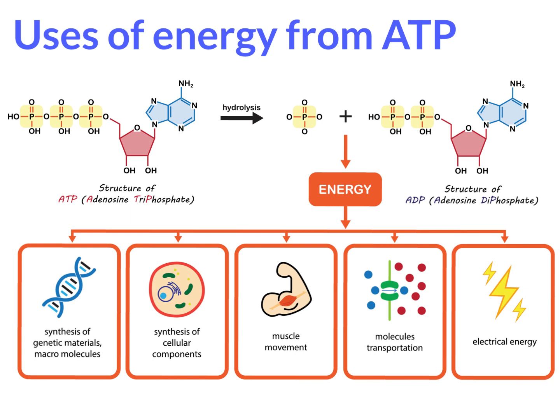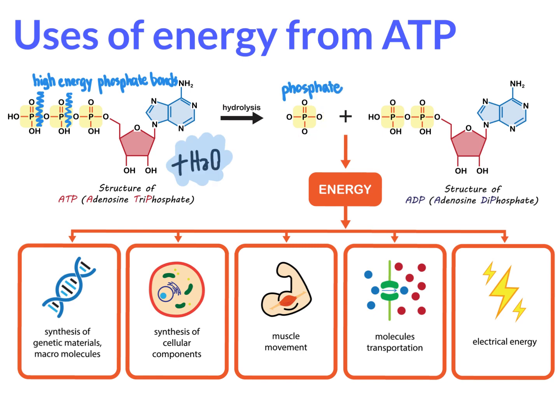We mentioned that the breakage of one or more of these high-energy phosphate bonds here in ATP through hydrolysis, that is a reaction where we react water with ATP, results in the release of a phosphate group as well as energy. That energy, in the form of kilocalories, is derived from the fact that this reaction is exothermic.